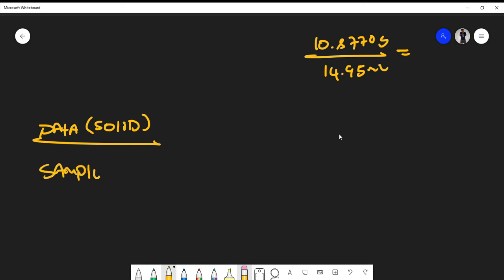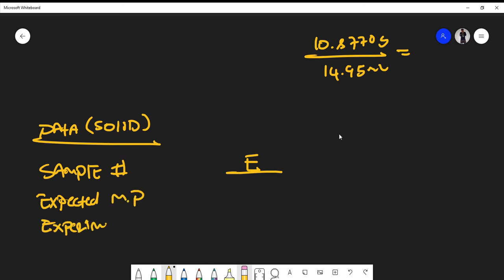So let's say you have a sample number, and let's say this is the same sample E, but in a solid form. You're simply going to take a melting point using any melting point apparatus. In this case, you may have an expected melting point and an experimental melting point, which is what you measure.